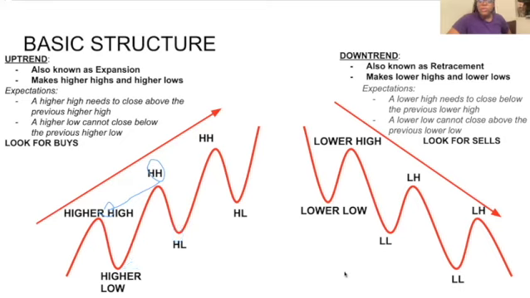Now, just to go over that briefly one more time, this higher high is right here. This new higher high is only valid because the market surpassed the previous one here and closed above it here, right? Same here.